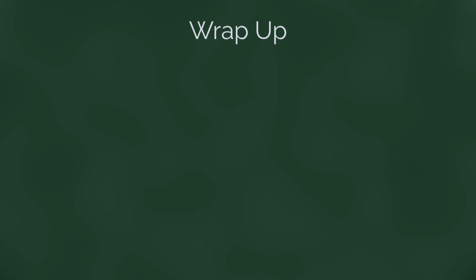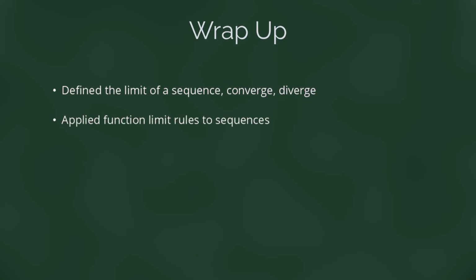In our wrap-up, we'll just take one last look at all of the things that we talked about here. First, we defined the limit of a sequence, as well as the words converge and diverge. We discussed how we could apply function limit rules to find the limits of sequences. We looked at the Squeeze Theorem as it applies to sequences.